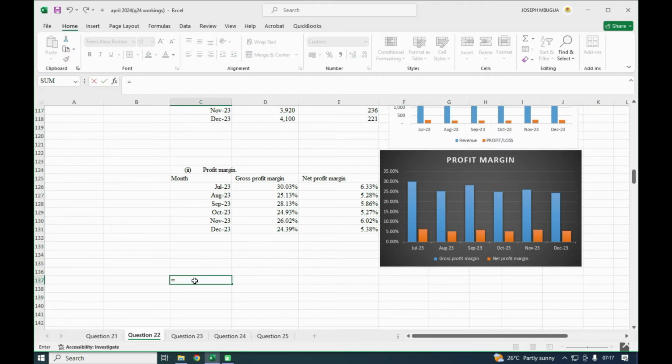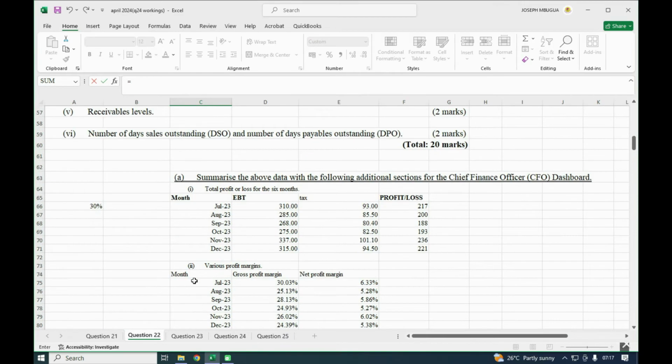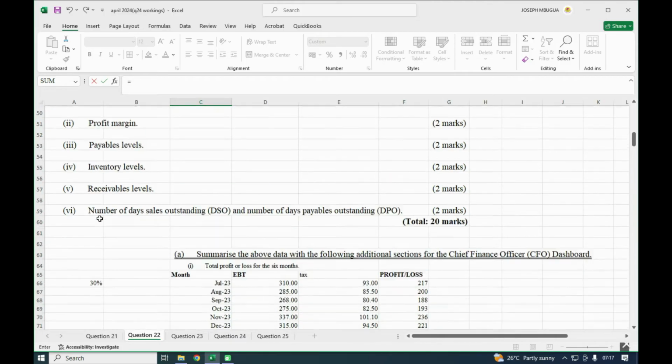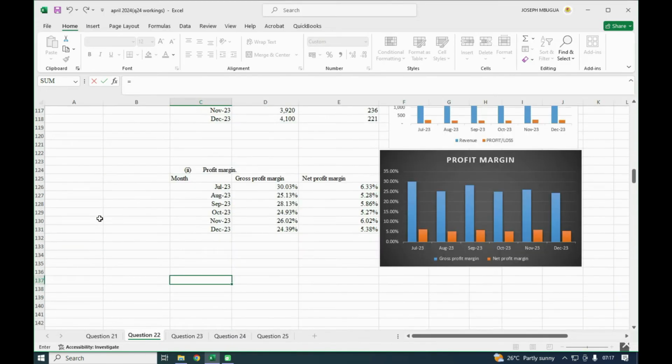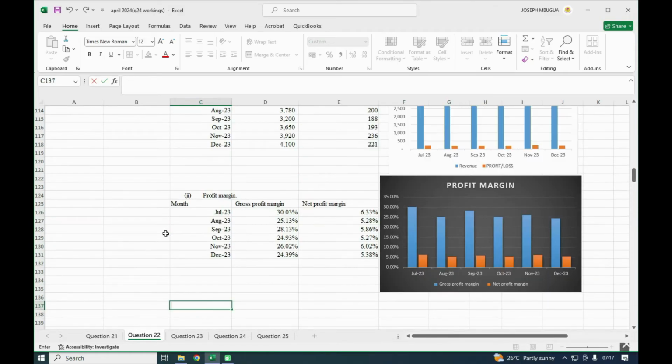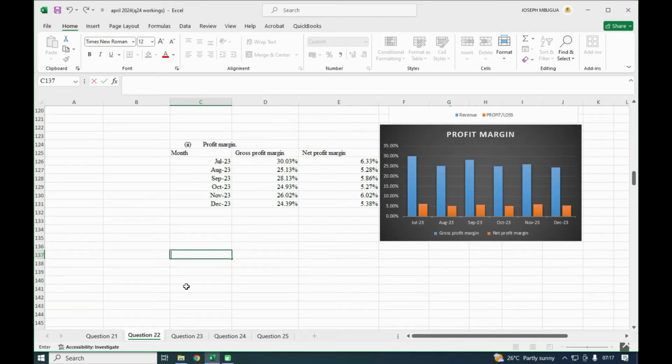Under that, the third one, we need to calculate the payable levels, inventory levels, and receivable levels. I think this one I'll calculate using one chart. So we have payable, that is under Roman 3, Roman 4, and Roman 5.